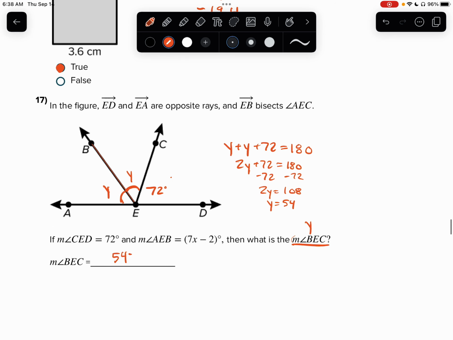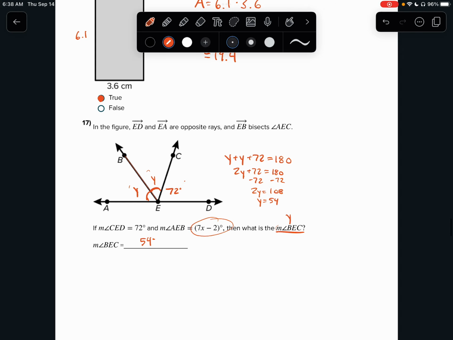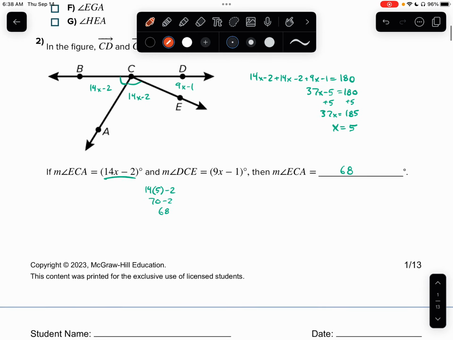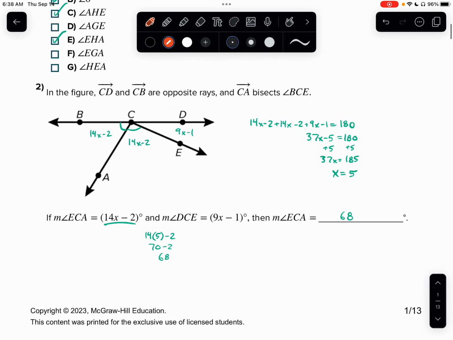And if we had taken the time to solve for x and then plug x back into this, which would have been the same as BEC because they're congruent, we would have gotten 54 as well. So sometimes you can skip that step. On number 2, at the beginning, that would not have worked because we didn't know one of the angle measures already. We only had x's to work with.